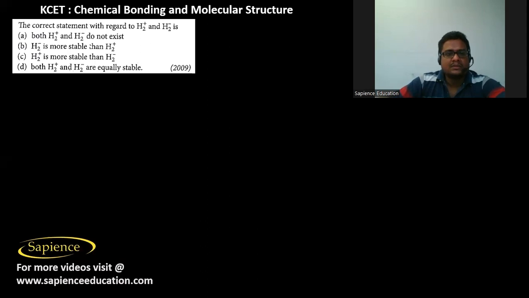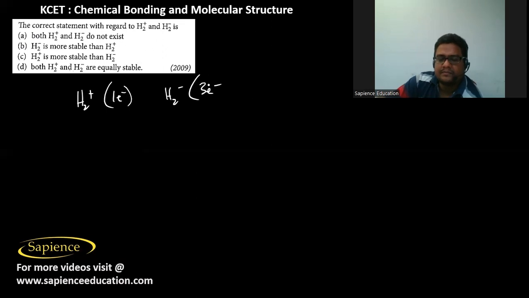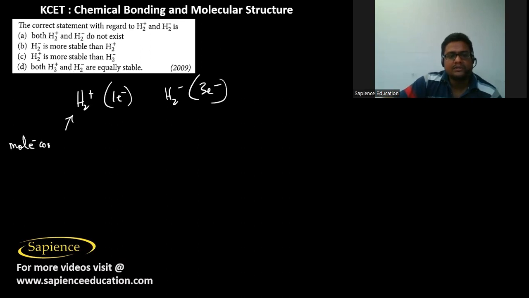Then it is told the correct statement with regard to H2 plus and H2 minus is. So for H2 plus it will have 1 electron, and H2 minus it will have 3 electrons. So according to the molecular orbital theory, the molecular electronic configuration of H2 plus will be sigma 1s1.